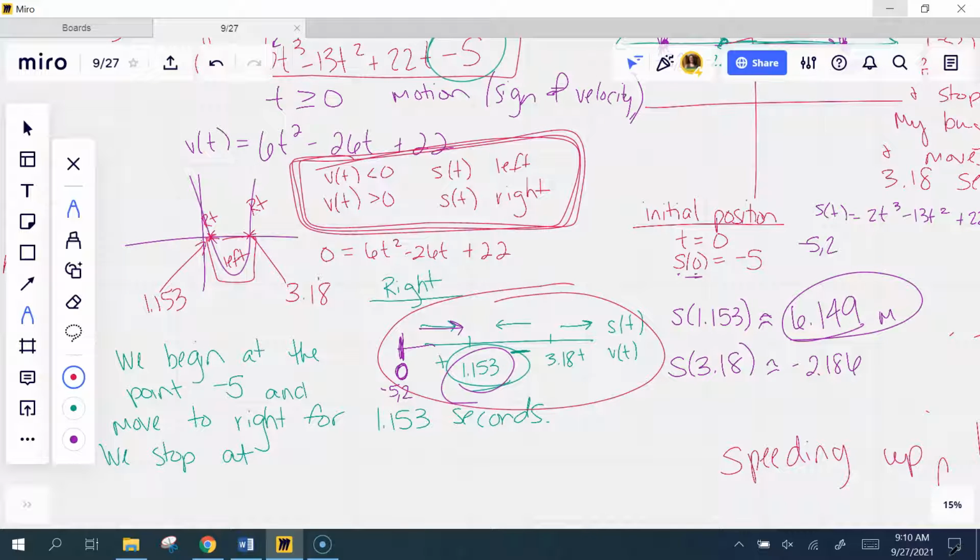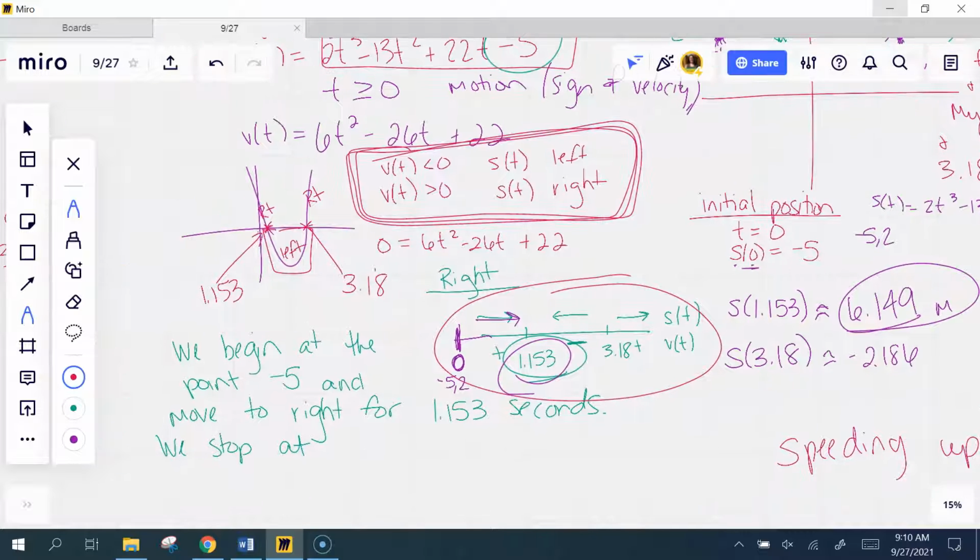Negative, what's it, look at this graph. And let's talk about acceleration for just a second. For this first piece right here, when it's moving to the right, we know that velocity is positive. What is acceleration there?